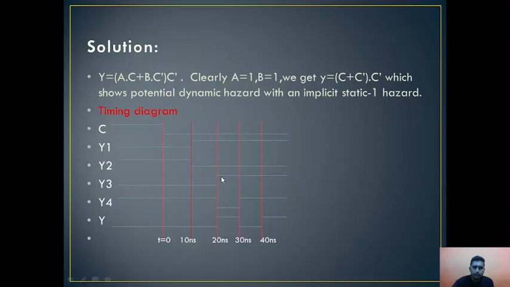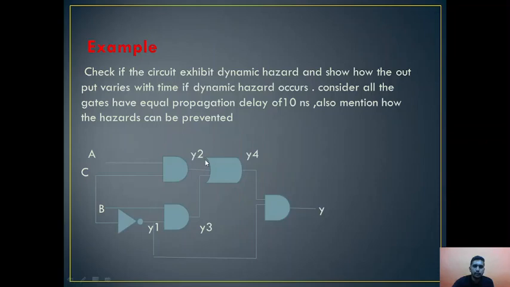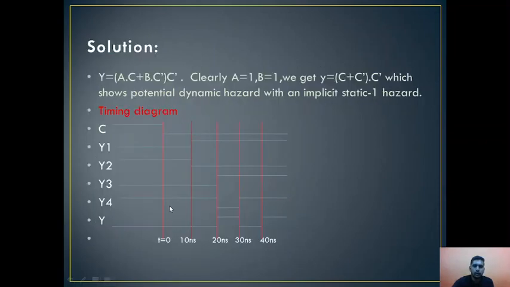So the output of y3 will be delayed by 10 nanoseconds. Here we have y2 and y3 going into an OR gate to get y4. Y4 will be delayed because y3 has changed to 1 after 20 nanoseconds, so y4 will change to 1 after 30 nanoseconds.